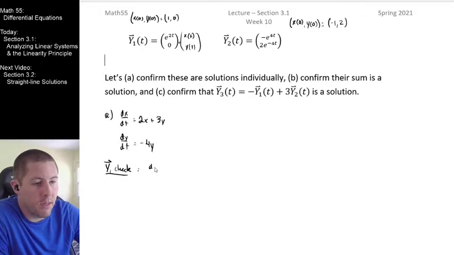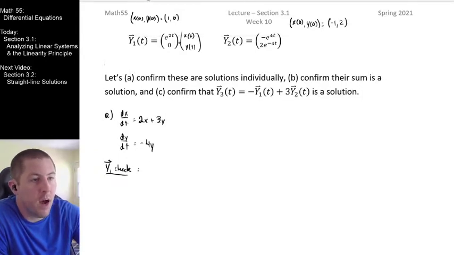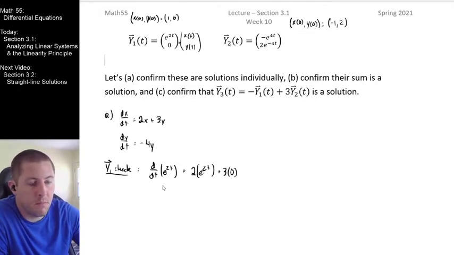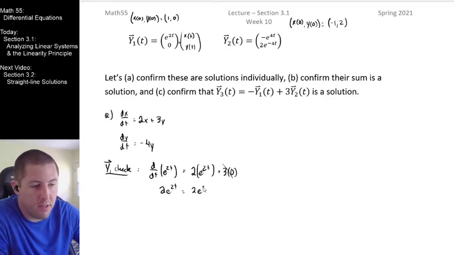Here, let me write it like this. I'm going to do dx/dt on the left. So that's the derivative of e to the 2t. That's dx/dt equals 2e to the 2t plus 3 times 0. I'm noticing here the derivative of e to the 2t is 2e to the 2t. On the right-hand side, 3 times 0 goes to 0, and we got 2e to the 2t.